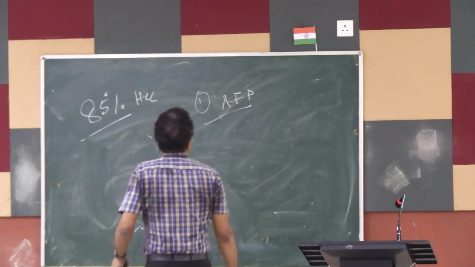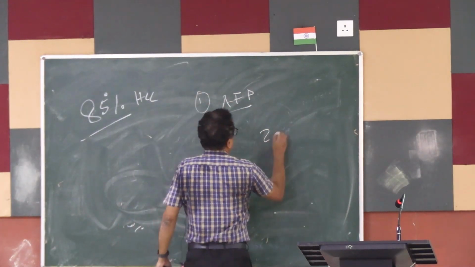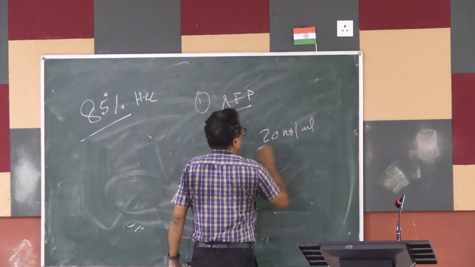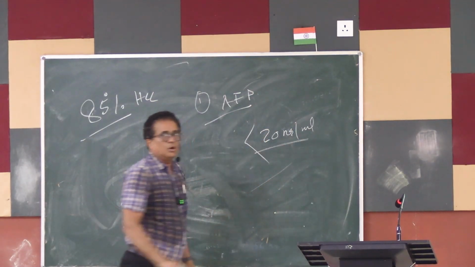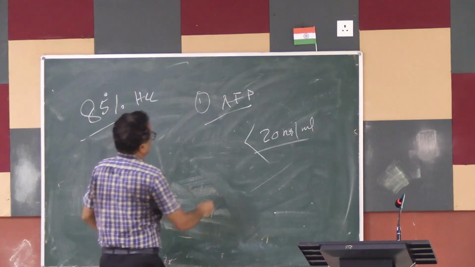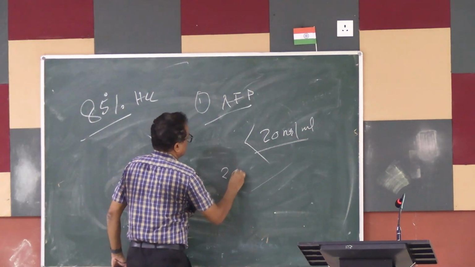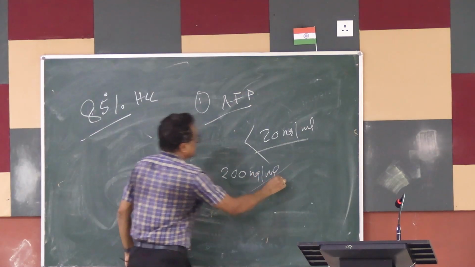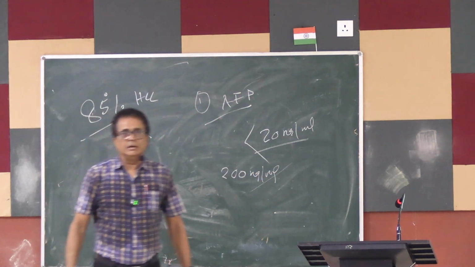Normal alpha-fetoprotein level is 20 nanogram per milliliter; less than that is normal. But to diagnose hepatocellular carcinoma, the value needs to be at least 200 nanogram per milliliter.